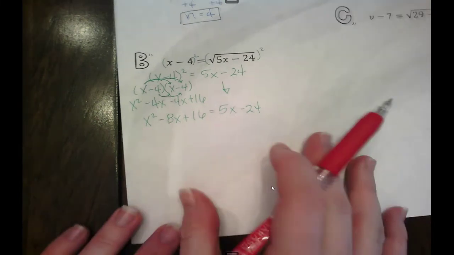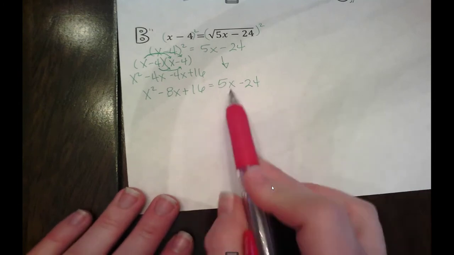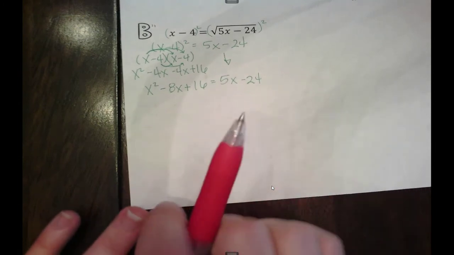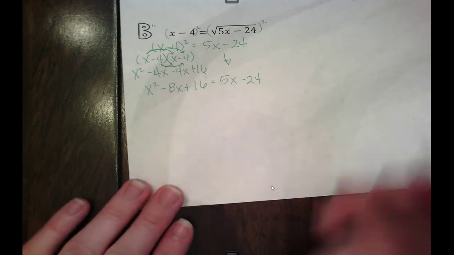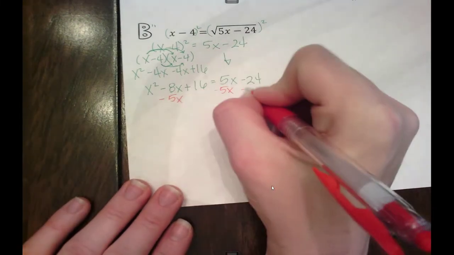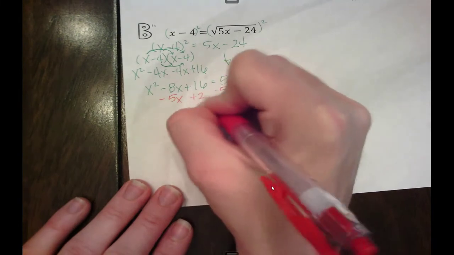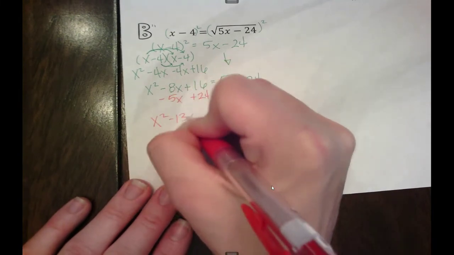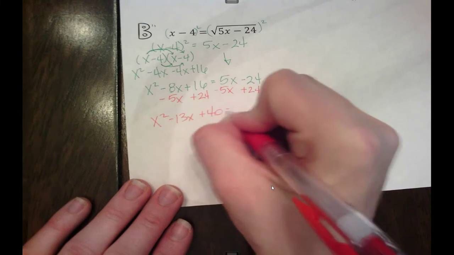Okay, we are still trying to solve. So let's get everything on one side equal to 0, and then we can factor or put it into the quadratic formula. So minus 5x, plus 24 here, plus 24 here. So we're going to have x squared minus 13x plus 40 equals 0.